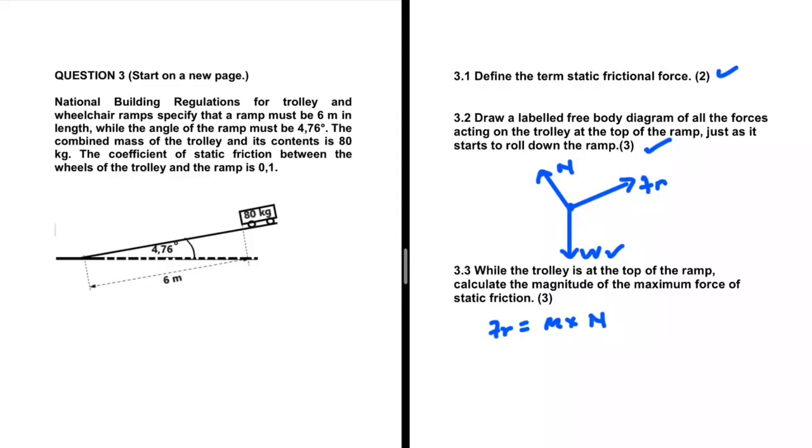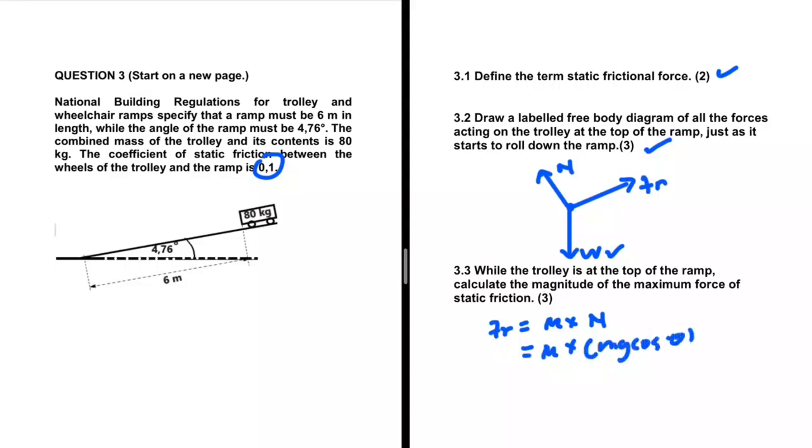It is given to us in the question statement. Here it is. So we just need to calculate the normal force. In an inclined surface, the normal force is mg cos θ. So the frictional force will be the coefficient multiplied by mg cos θ.